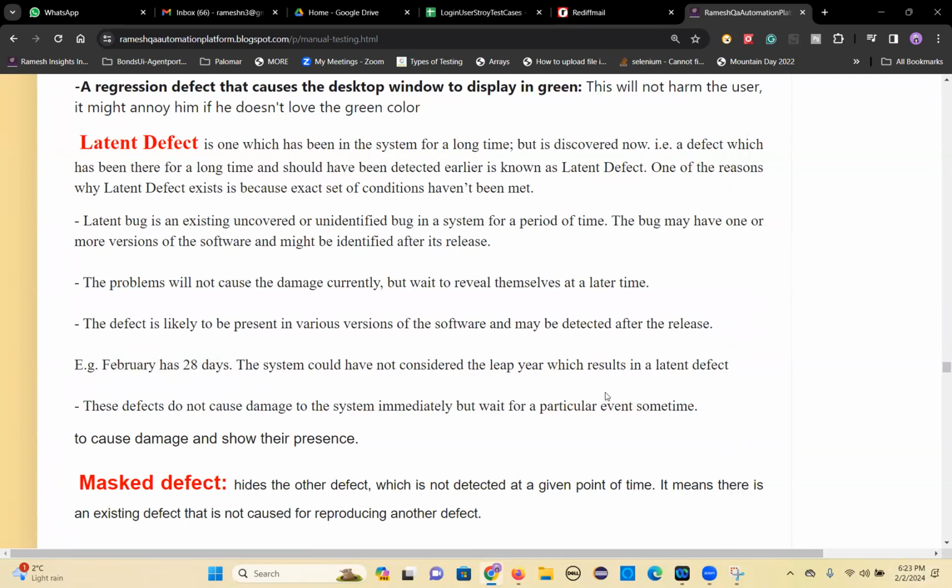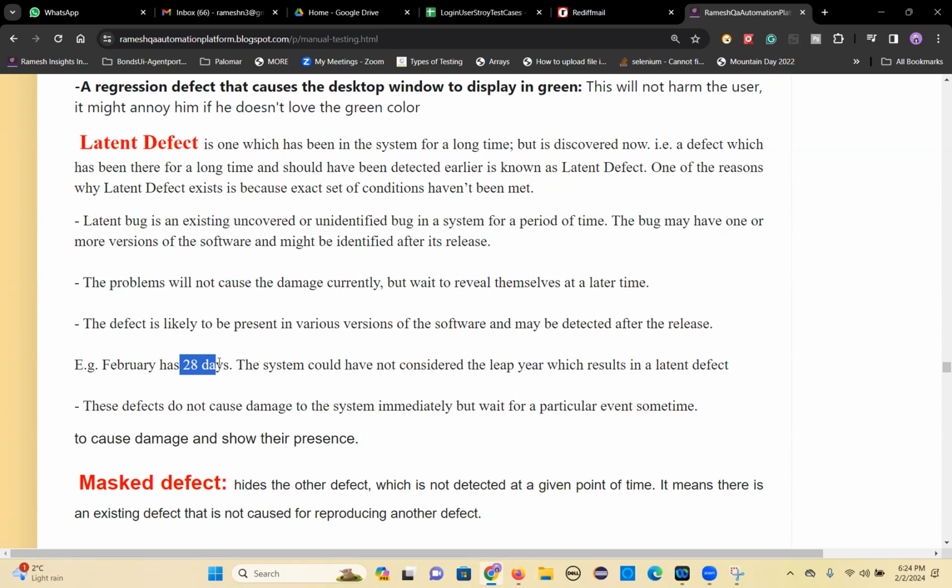This year is a leap year, but in the system, it is showing only 28 days. Is this a bug or not? It is a bug, right? Until you test with a leap year, you cannot catch the bug. If leap year comes, you can catch the bug.